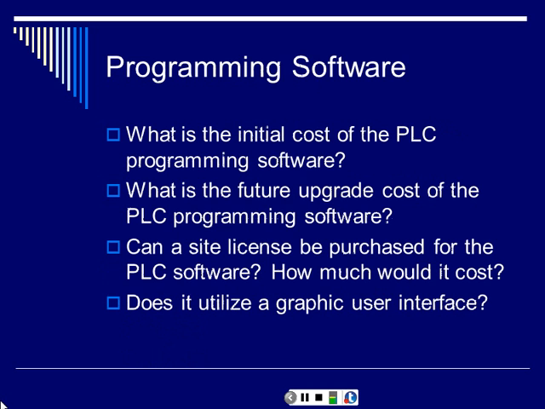The programming software, why do I want to add extra problems to myself? Okay, I want easy software. So you got to think about the initial cost of the software. When I buy that PLC, I don't get the software with it, guys. So I've got to buy the PLC and I've got to buy the software.